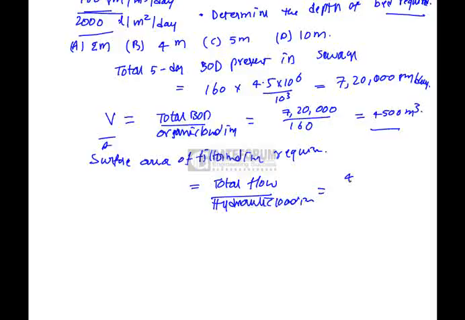The total flow is 4.5 × 10^6 liters per day, and the hydraulic loading is 2000 liters per square meter per day, as given. So 2250 square meters of surface area is required.